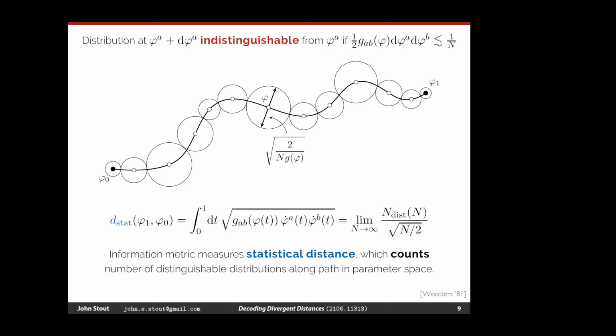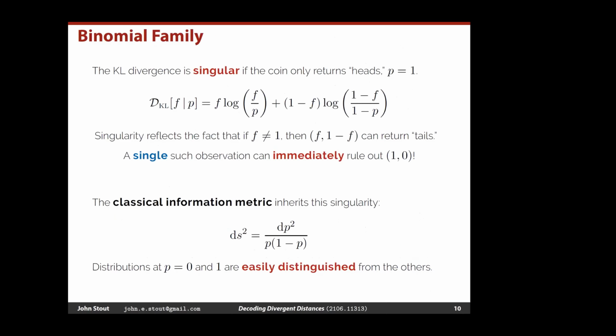It's still a statement about this probability distribution being extremely distinguishable from the others. And the fact that the statistical length is dimensionless is related to the fact that it's a count. It seems like a deep fact that enables us to compare models with different numbers of parameters and stuff like that, because I can compare volumes to lengths. Okay, thanks.